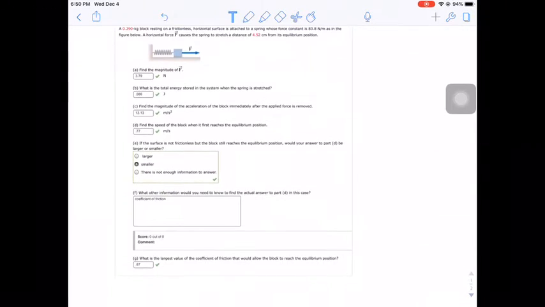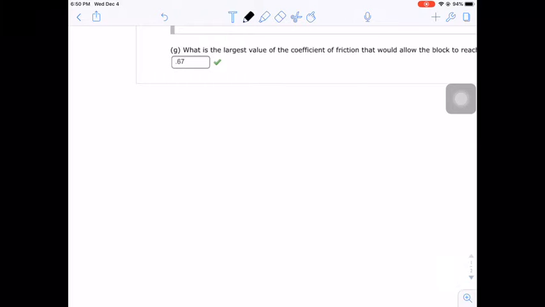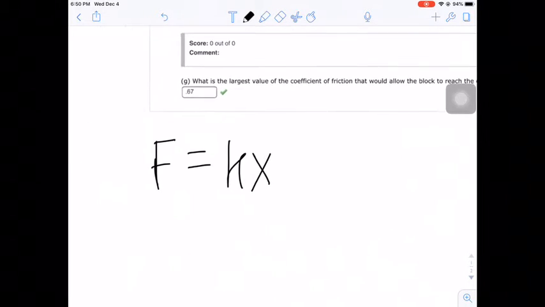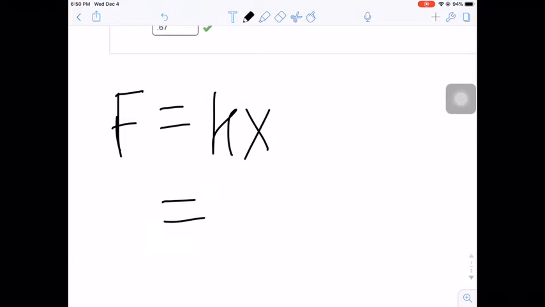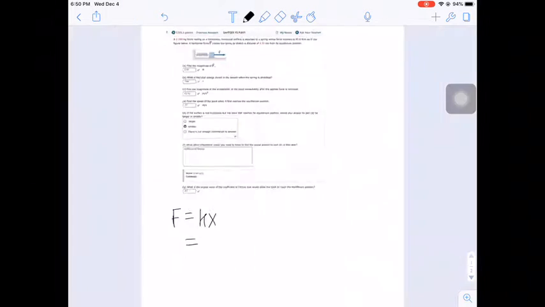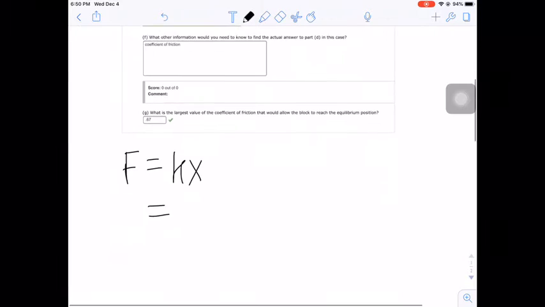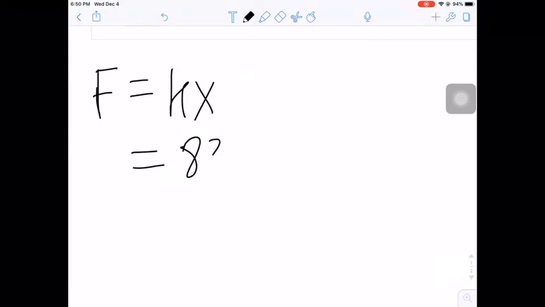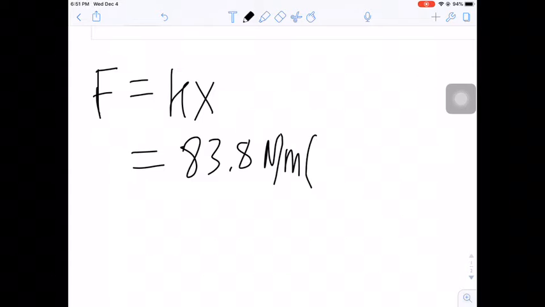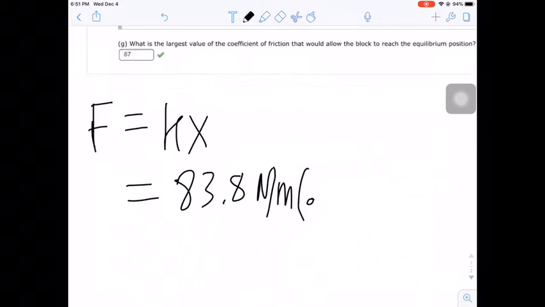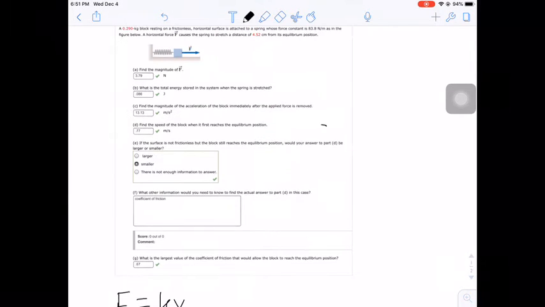Since it's a spring, Hooke's law says that the force is equal to the spring constant times the displacement x. The spring constant is 83.8 newtons per meter, and the displacement was 4.52 centimeters.